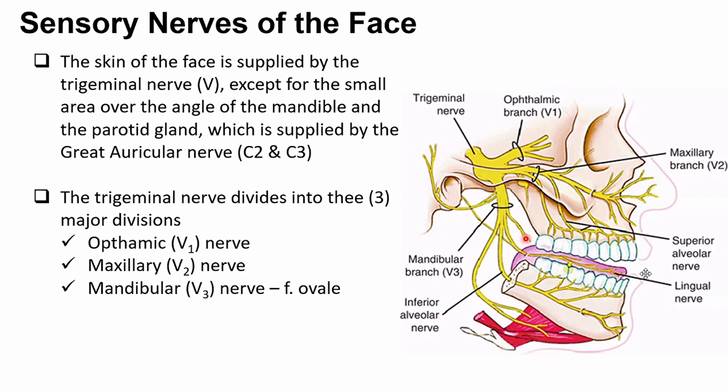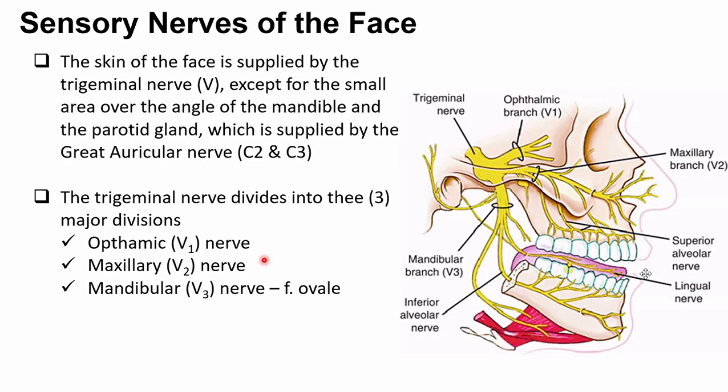The mandibular is the largest and most inferior, and this exits through the foramen ovale before going out. The maxillary nerve exits through the foramen rotundum. The ophthalmic goes through the superior orbital fissure.